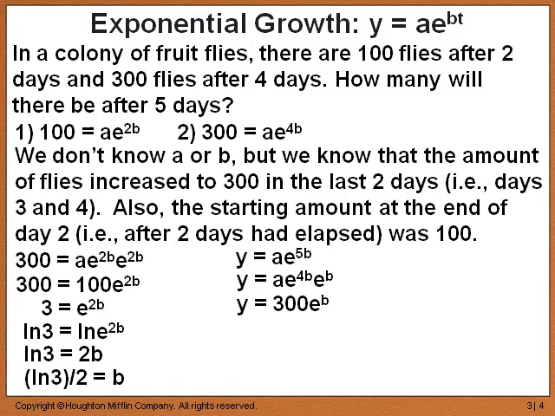And therefore we can substitute that 300 in. And we'll see this: y equals 300 e to the b. Okay, we just substituted 300 in from equation 2. And at this point, you should be able to calculate y. So pause the video, calculate y, and then resume when you have an answer.